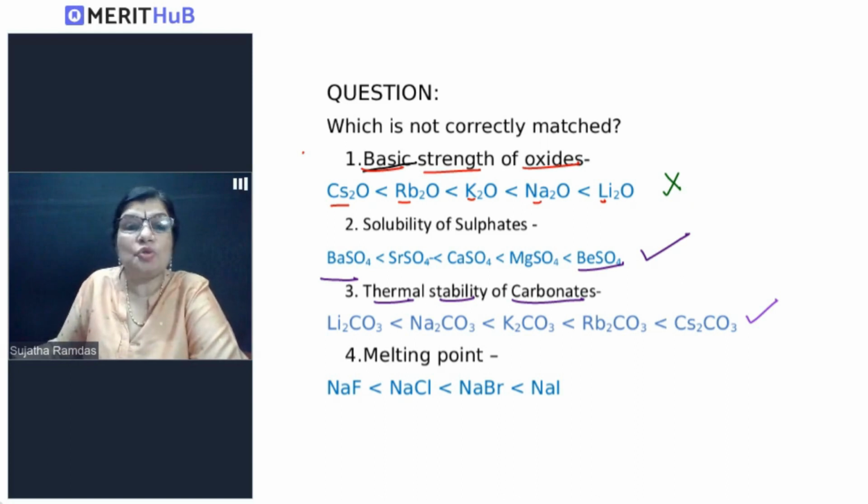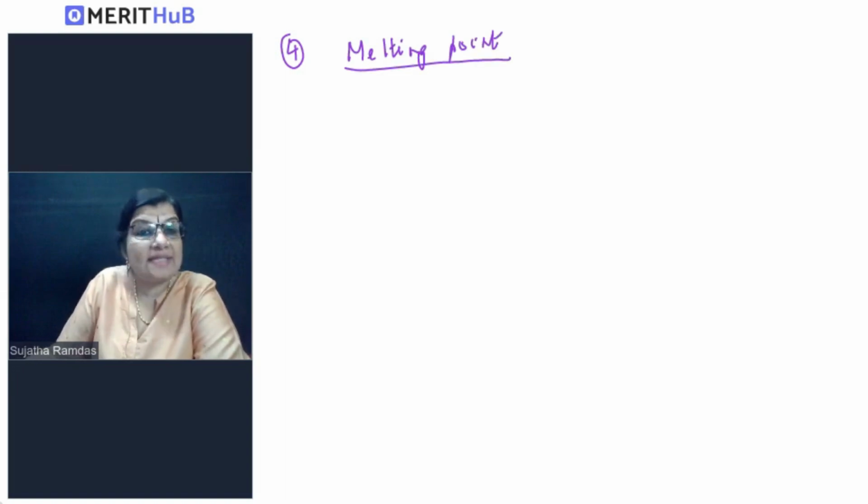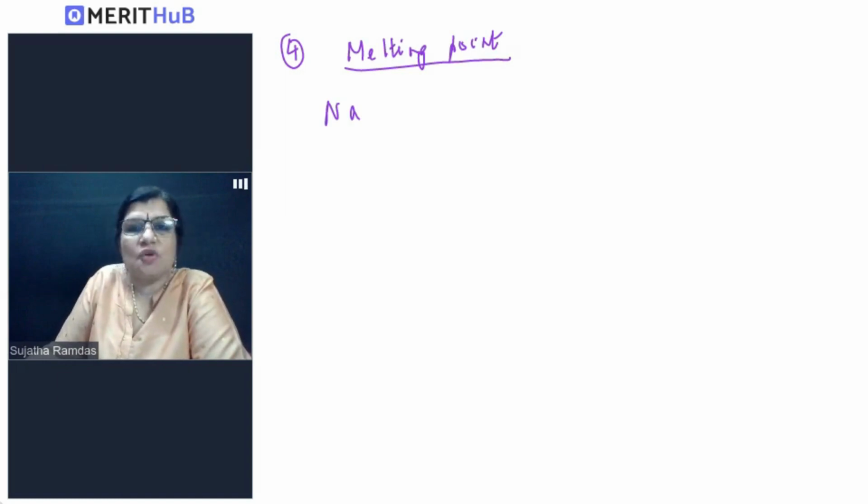And now moving on to the last property, melting point. Melting point also depends upon thermal stability, which in turn depends upon the extent of polarization. The cation is fixed. So we have sodium fluoride, sodium chloride, sodium bromide, and sodium iodide.